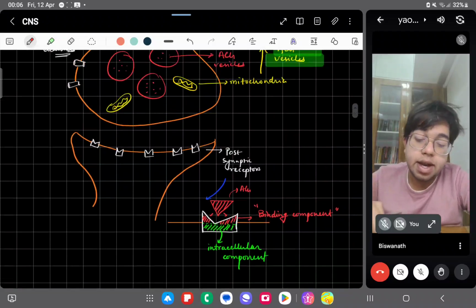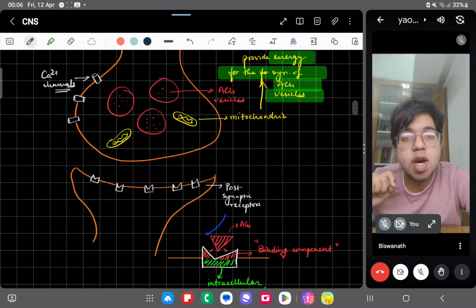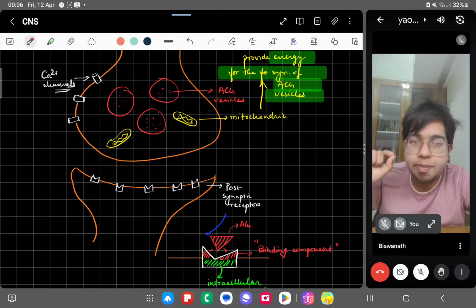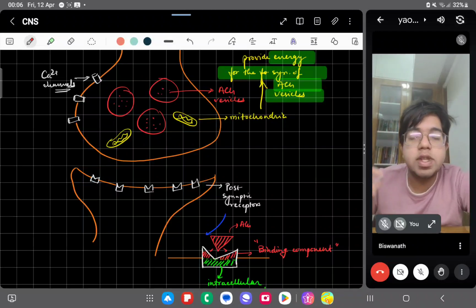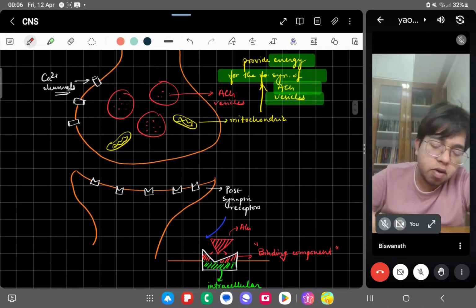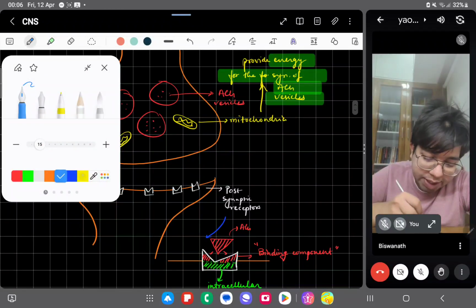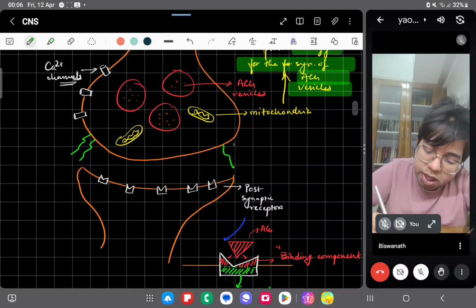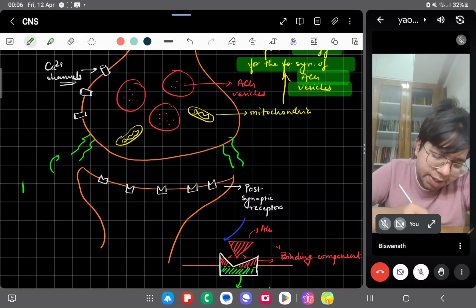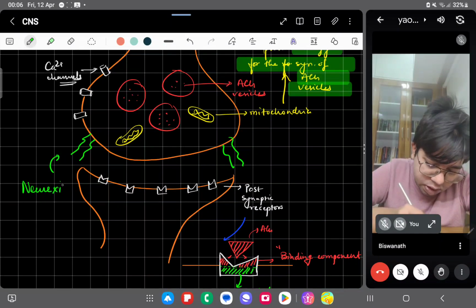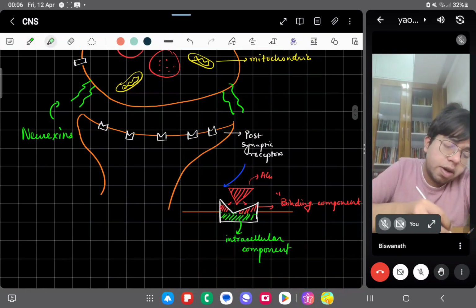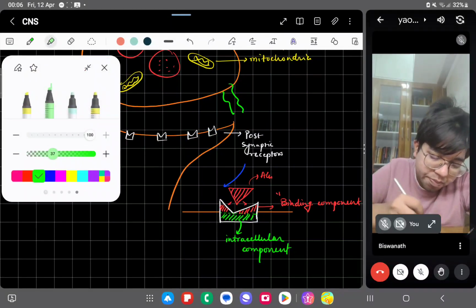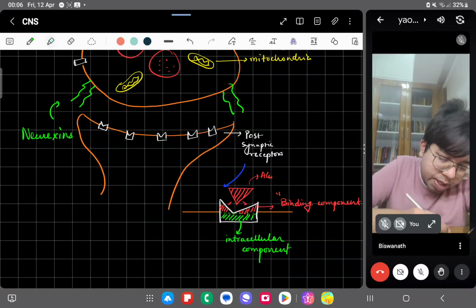And another thing is about neurexins. What are neurexins? Neurexins are some proteins which dangle from the membrane. Which membrane? The presynaptic membrane, sorry. So these green things, what are these? These are neurexins. You must not have read about neurexins in your nerve muscle physiology, because it is given here in a diagram.